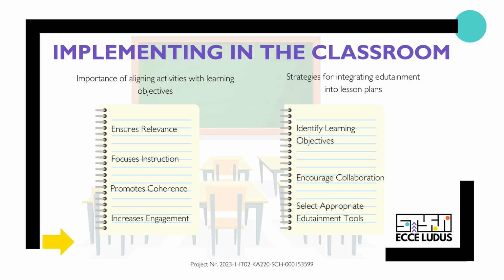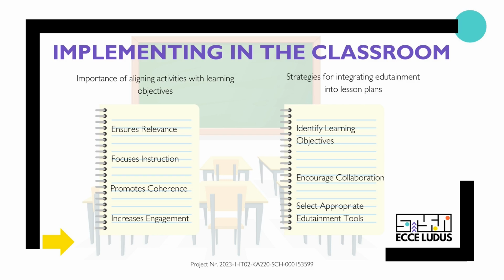Why it is important to align activities with learning objectives. Aligning activities with learning objectives ensures that students engage in meaningful and relevant learning experiences that contribute to the attainment of educational goals. By aligning activities with learning objectives, educators can focus instruction on specific knowledge, skills, or concepts that are essential for student learning and success.